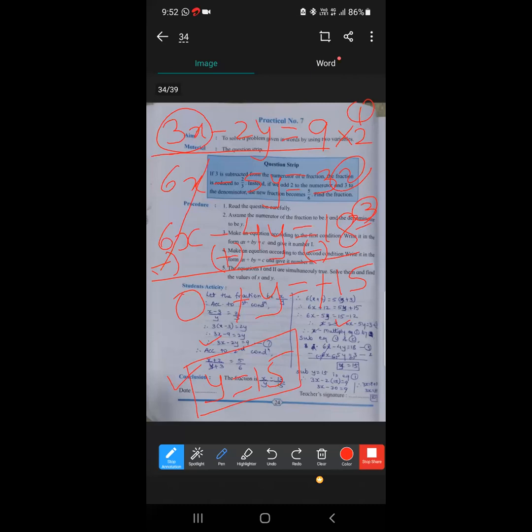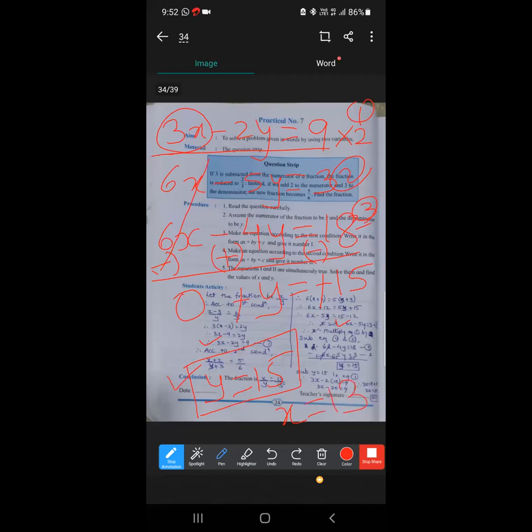So 3x minus 2y is equal to 9. This, I think, is the first equation, which is the lowest compared with the second and the third. So 3x minus 2 into 15, which is 30, equals 9. After substitution, you will get the value of x as 13. x is equal to 13.